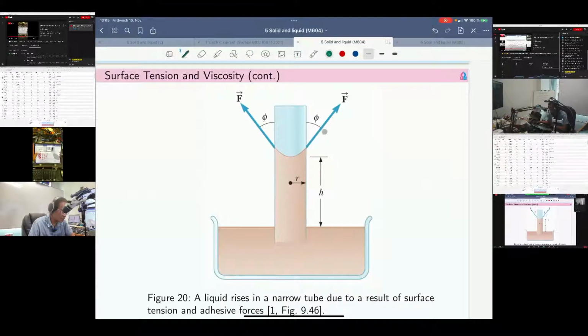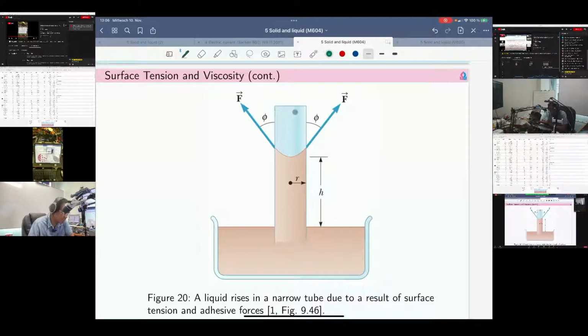And of course, we have had before the angle phi. Because of this shape of water inside the capillary tube, we have the angle phi, which is less than 90 degrees. And let's say we use this one as the height of the water level. We don't use the mean value, and we don't use the highest level. We use the lowest level of the water as the height, compared to the water level or water surface here.